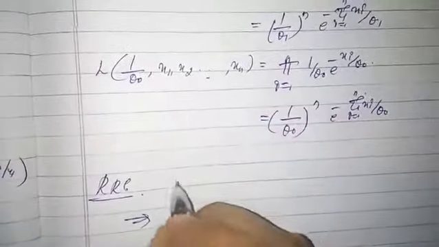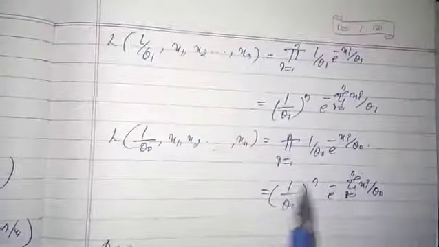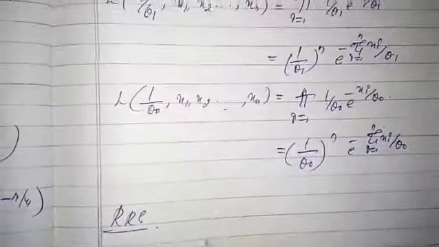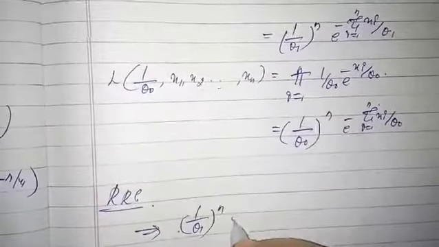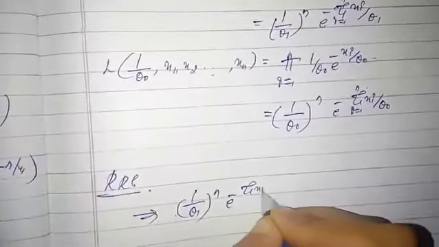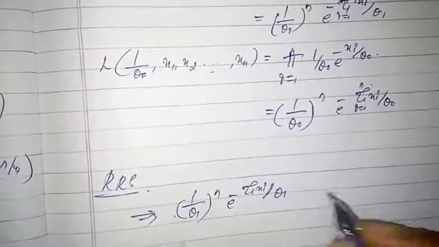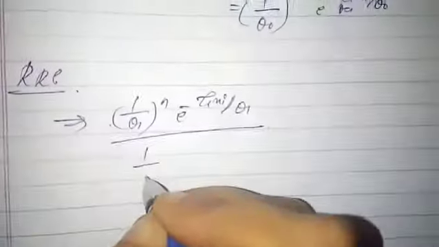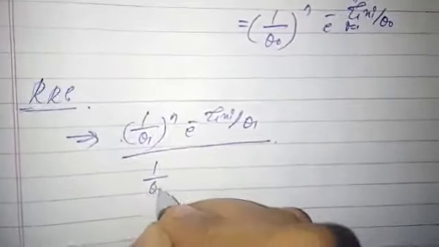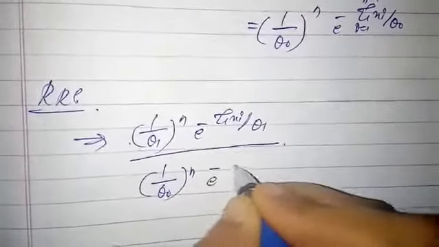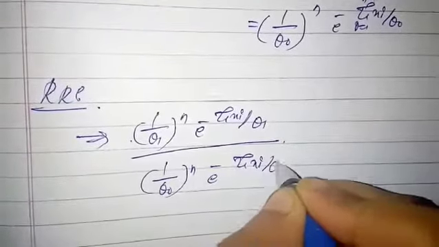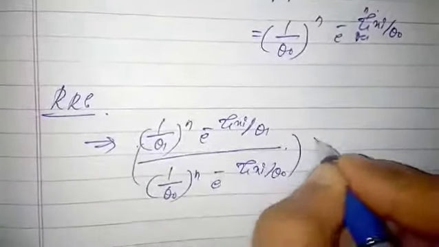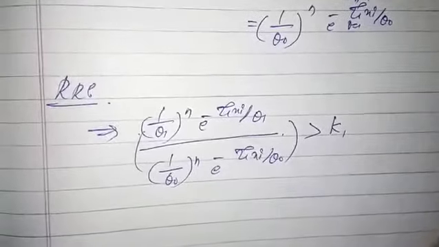Here the likelihood under H1 is (1/θ1)^n e^(-summation xi / θ1), divided by the likelihood under H0, (1/θ0)^n e^(-summation xi / θ0), which is greater than k1.